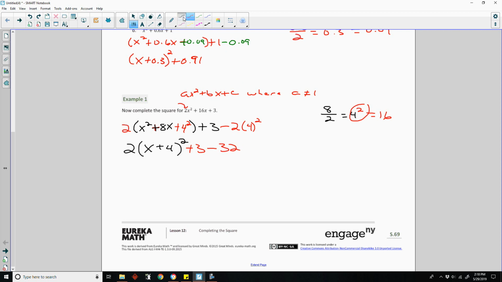So that is going to give us a final answer of 2 times (x plus 4) squared minus 29. And this is our perfect square of this quadratic where a was not 1, and where a was 2.